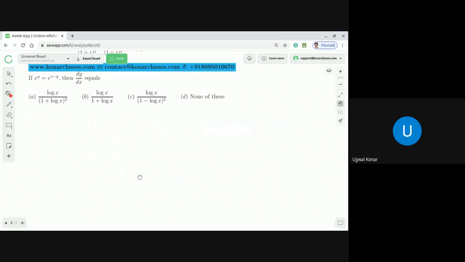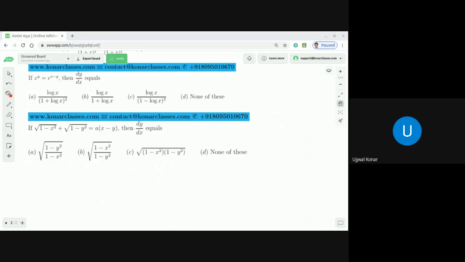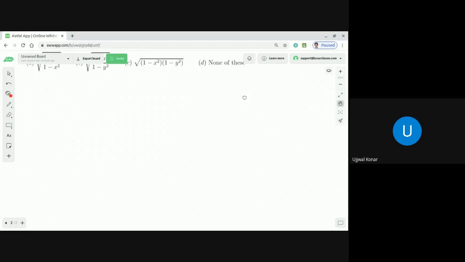So these are the questions from differential calculus. Now I'm going to give you 5 questions from integral calculus.